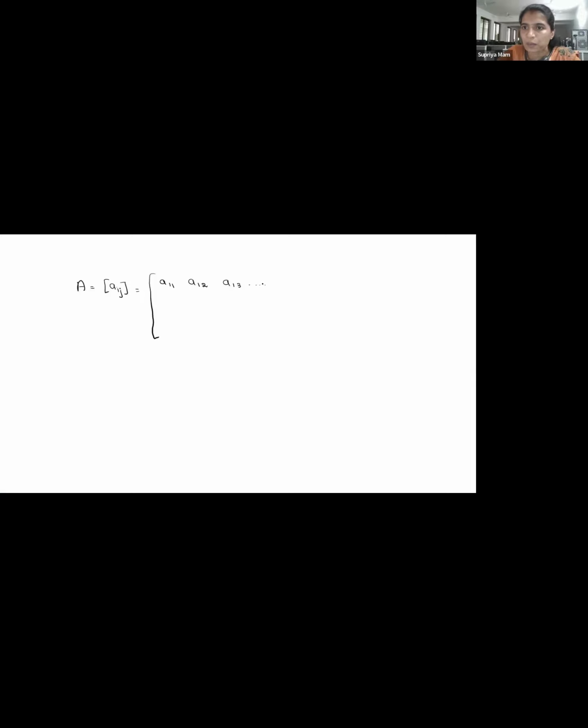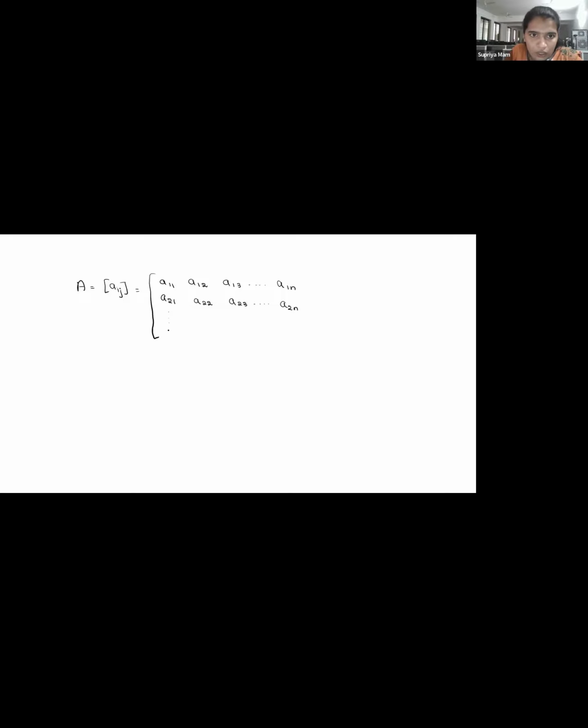And so on. Suppose I'm going to consider n columns, first row, nth column entry will be a1n. Next, second row, first column, a21. Second row, second column, a22. Second row, third column, a23. And so on. Second row, nth column, a2n.